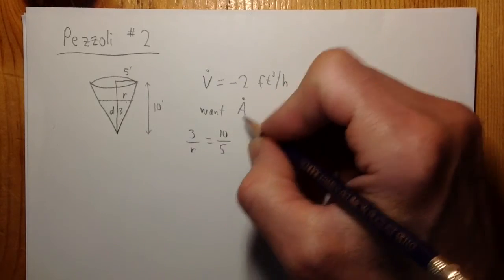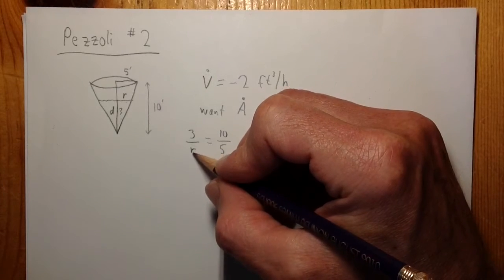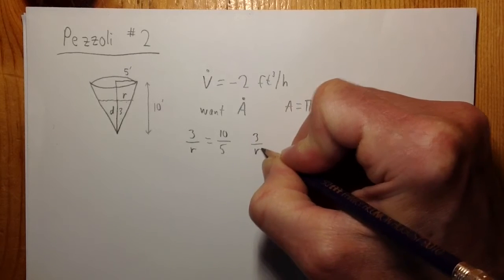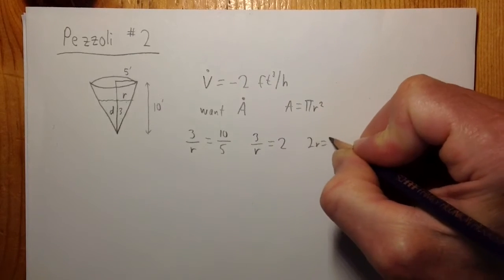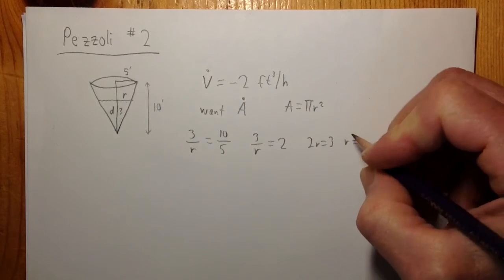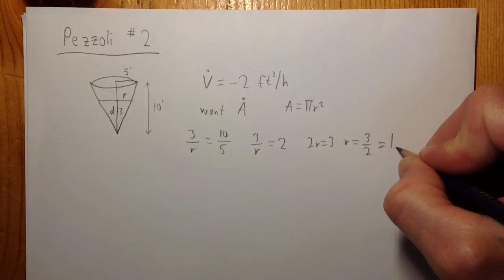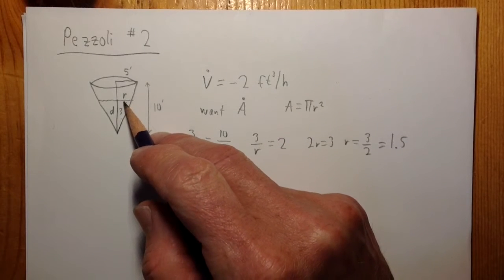So the radius when the depth is 3 feet, that's what this r is. That's 2. So 3 over r is equal to 2. Multiply r by both sides. 2r is equal to 3, or r is equal to 3 halves, or 1.5. So when the depth is 3, the radius is 1.5.